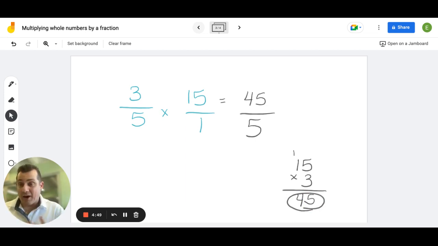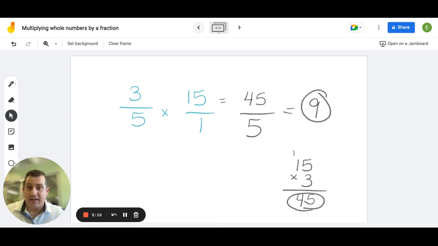Okay? And now this leaves you with 45/5. What is 45 over 5? Because we have to simplify it. So 45 divided by 5, I know, equals 9. So 3/5 times 15 equals 9.